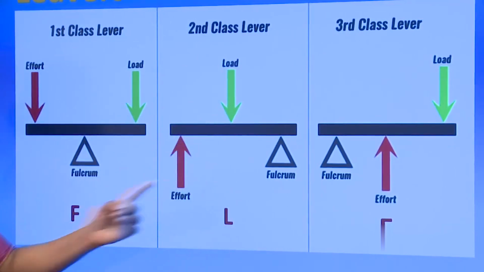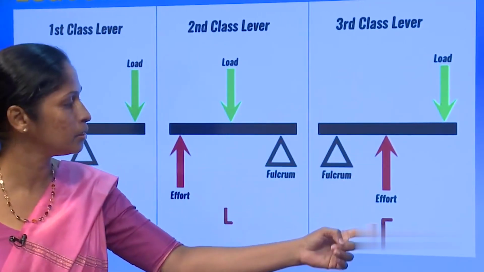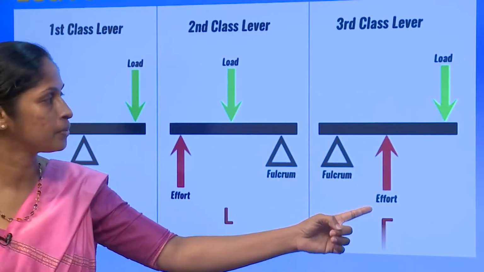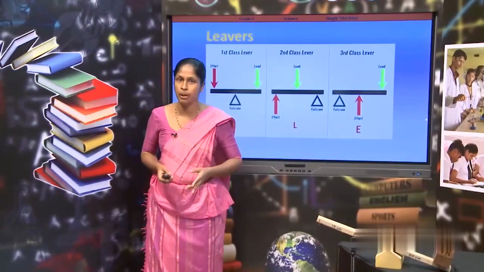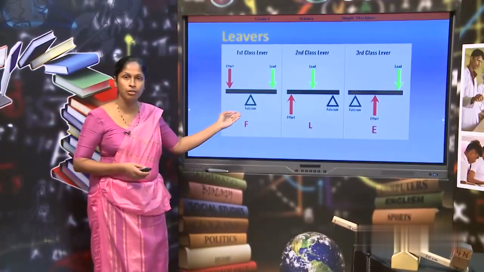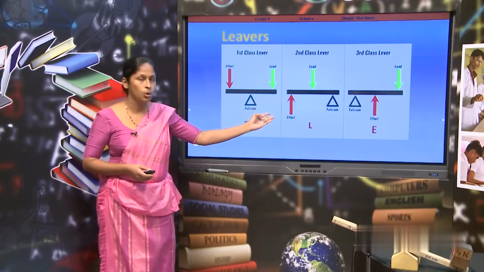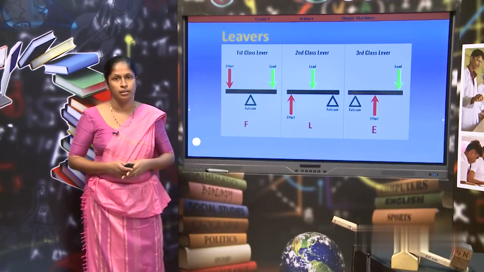That means the load is in the middle. In third class levers, E is in the middle. That means the effort is in the middle. So, you can remember the order of the position of fulcrum, load and effort in all the three types of levers.